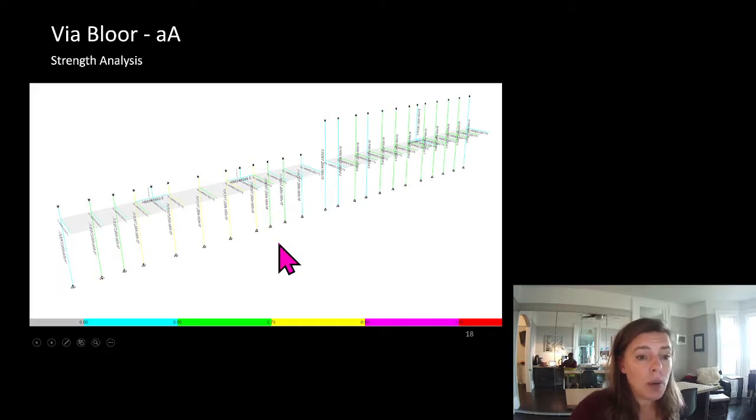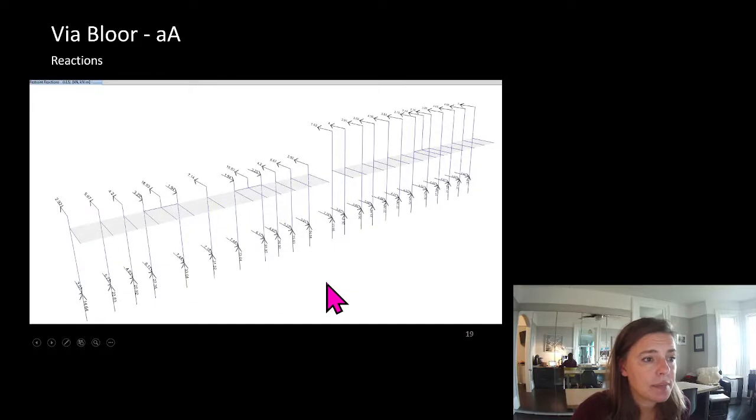So snow load was a big part of this analysis, but once we had these connected for wind load, they just worked for snow load as well, as something quite reasonable. So you can see here's the design right here. We have everything at not more than 90%. And we have reactions here.